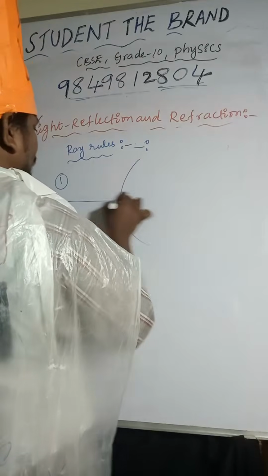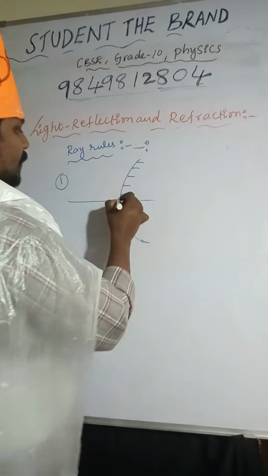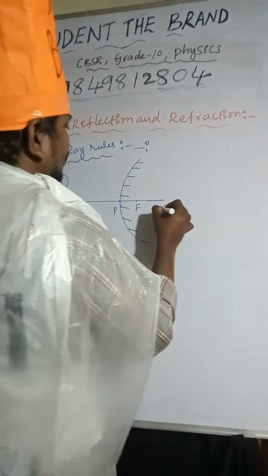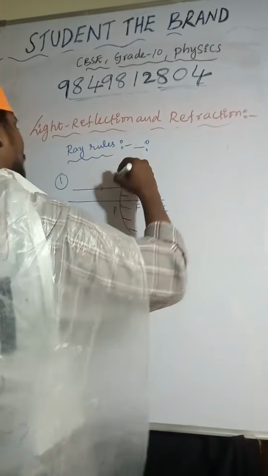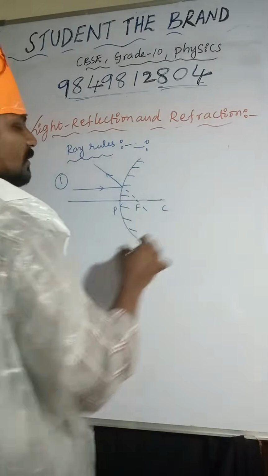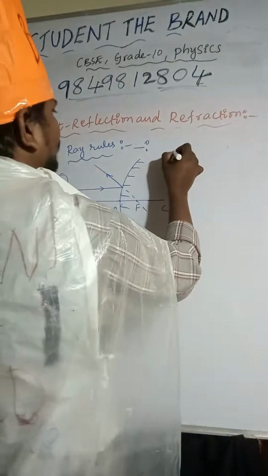Point number 1. Pole, focus, center of curvature: a light ray coming from infinity, after reflection, passes like this. It passes through focus. Point number 1.